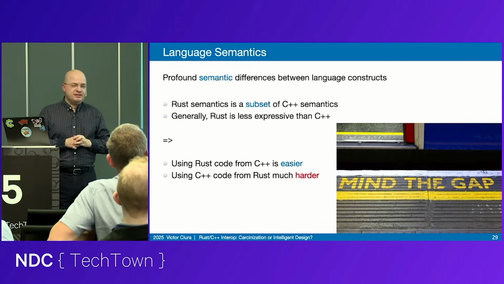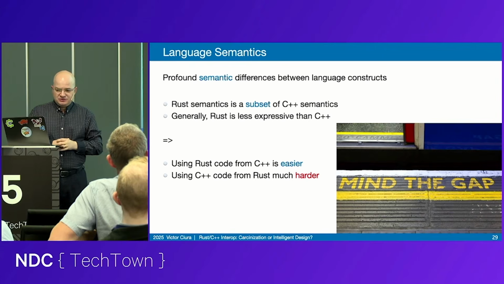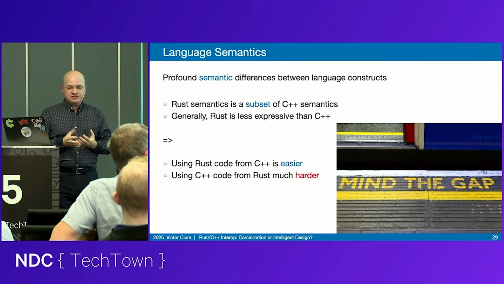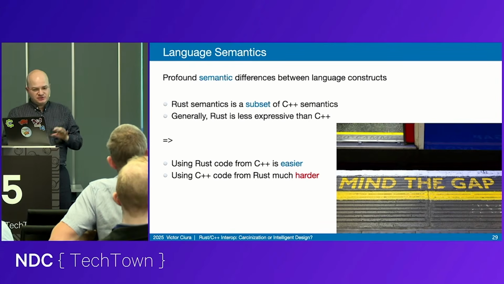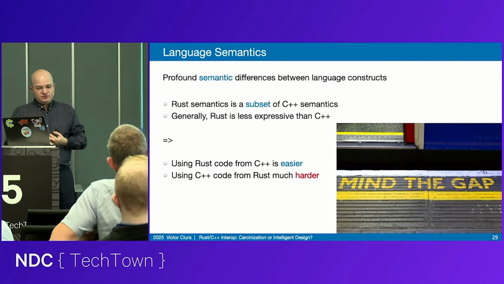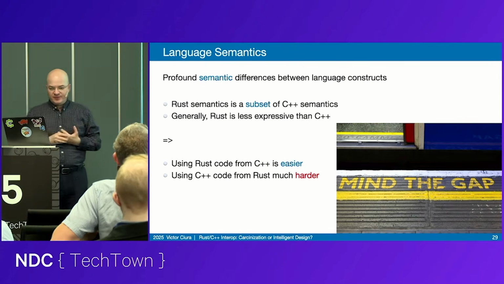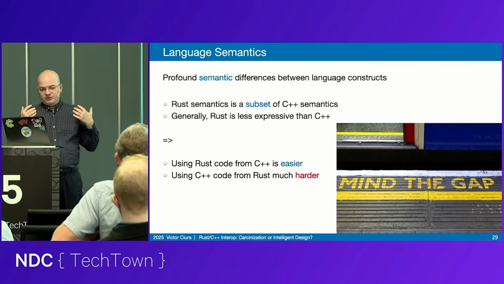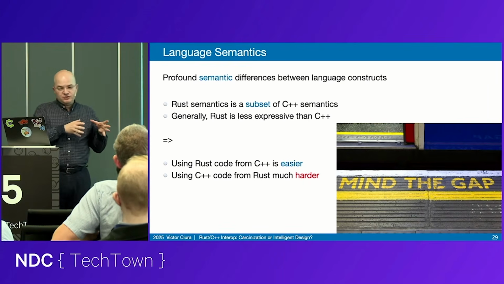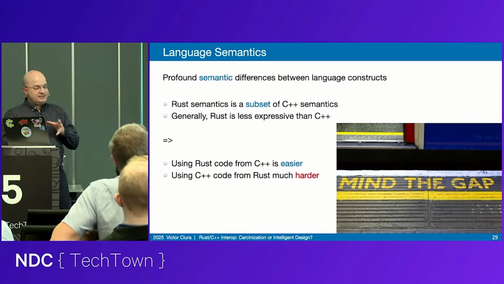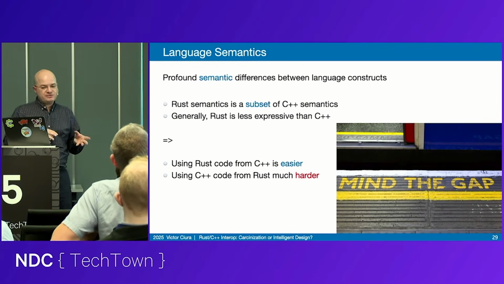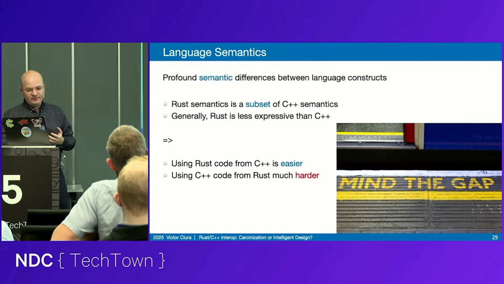So I'd say, even if it's not entirely true, that Rust semantics tend to be a subset of C++ semantics, with some small exceptions, because Rust in general is less expressive, or dare I say crappy. Because of this, using Rust code from C++ is easier, while using C++ code from Rust is much harder.